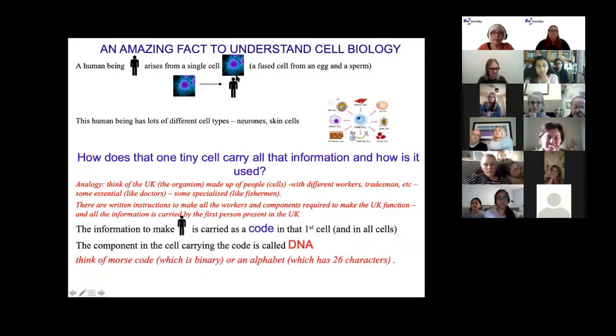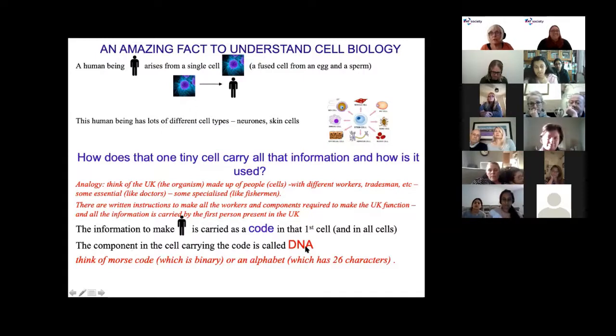And the way this information gets carried to make the human being is in a code. It's in a code form, and it's all there in that first cell, but it's actually in every single one of our cells. And the component, the molecule, so when I say molecule, I mean a sort of component that carries that code is called your DNA.